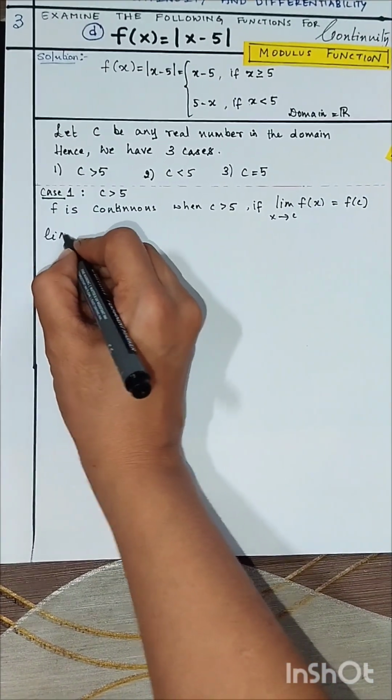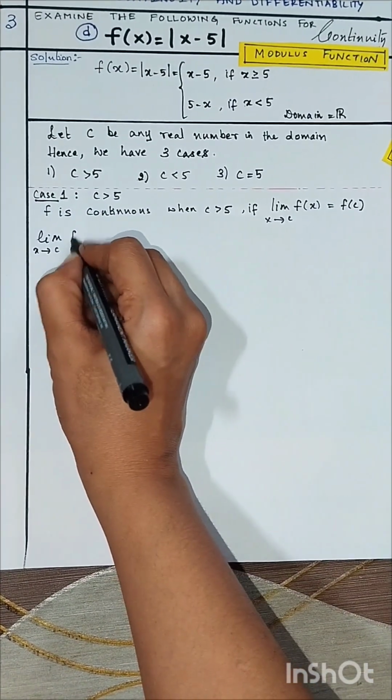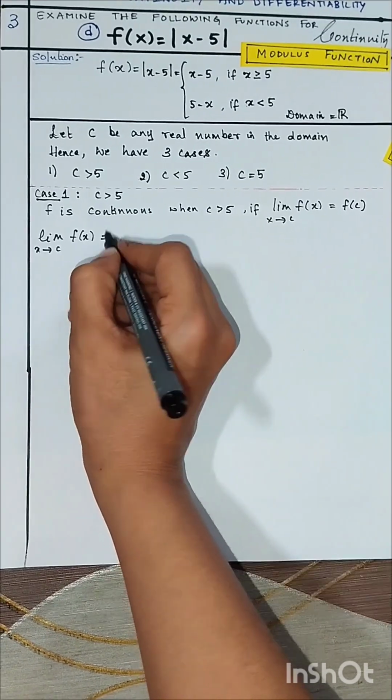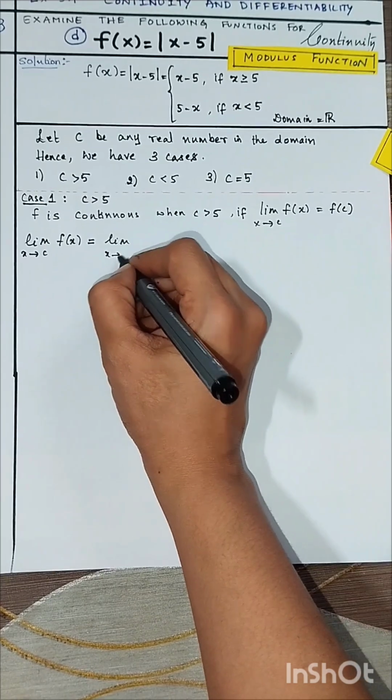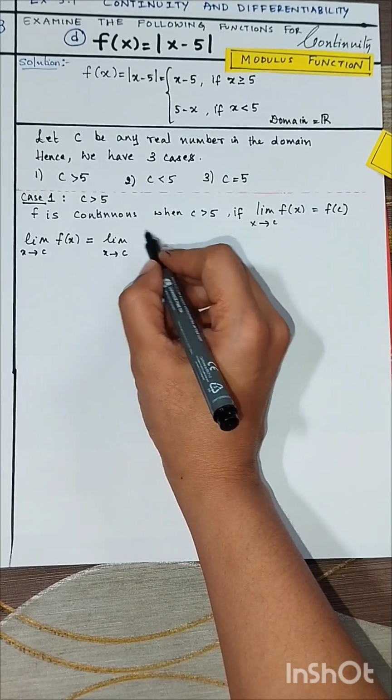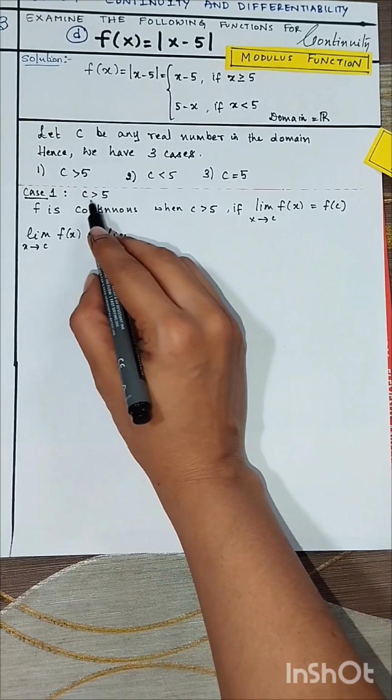It is limit x approaches C, f of x is equal to, first we will solve LHS, limit x approaches C. So which function value do we have to take for this domain?